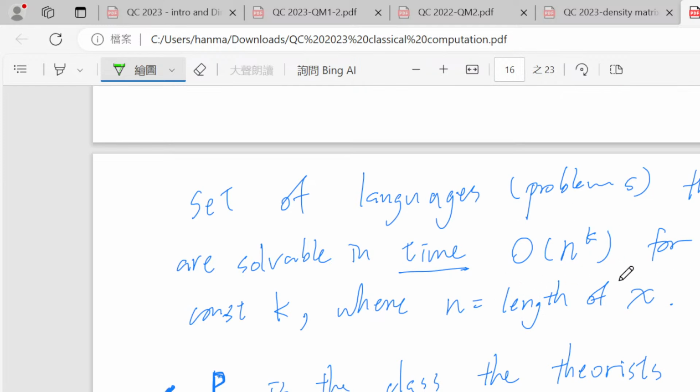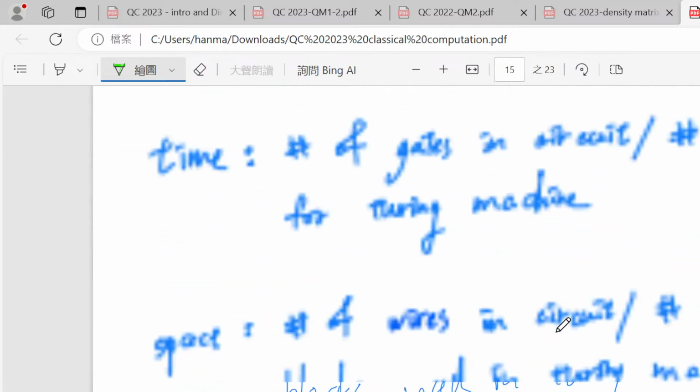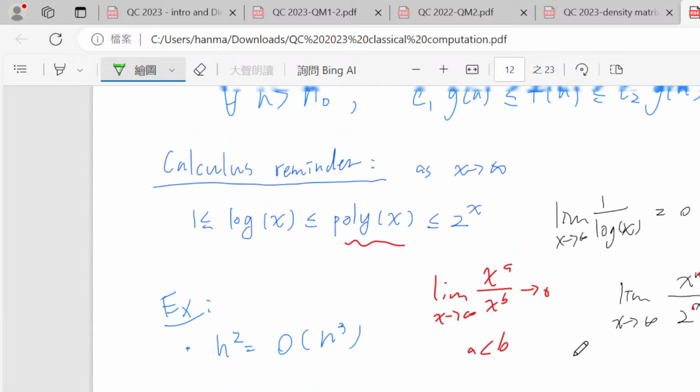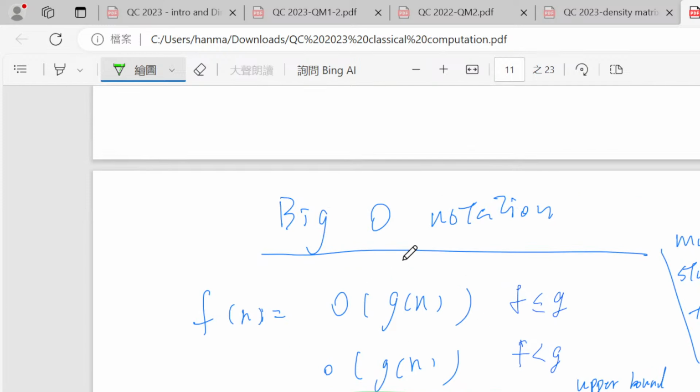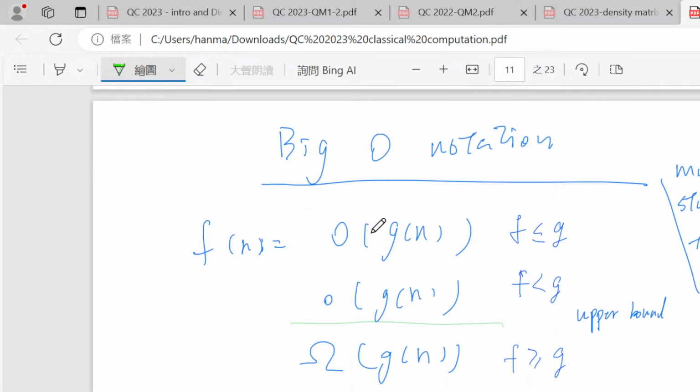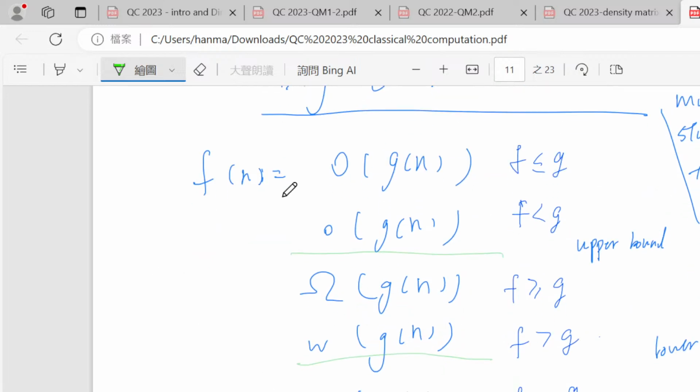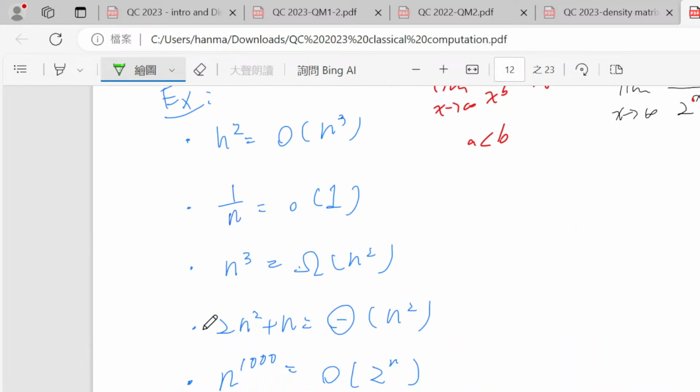Also, something I forgot to say about big O, so let's go back a little. As you probably see from the name, big O is the most common way people say things. But as we see here, big O means upper bound. So O is the upper bound of f. But sometimes when people say big O, they actually mean big theta. For example, 2n squared plus n, we say it's big theta of n squared, meaning it scales as n squared.